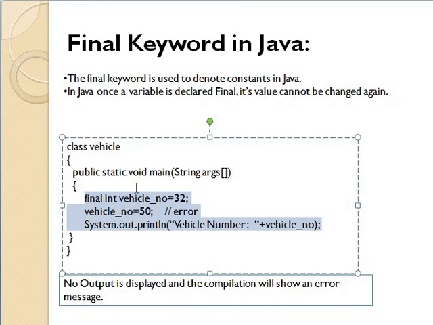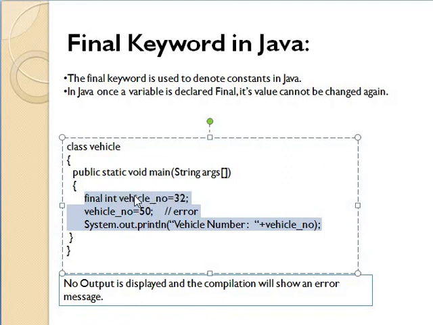The first Java statement declares a variable called vehicle no, whose data type is int, and that's why it can accept only integer values. The integer value that has been supplied to the variable called vehicle no is 32.